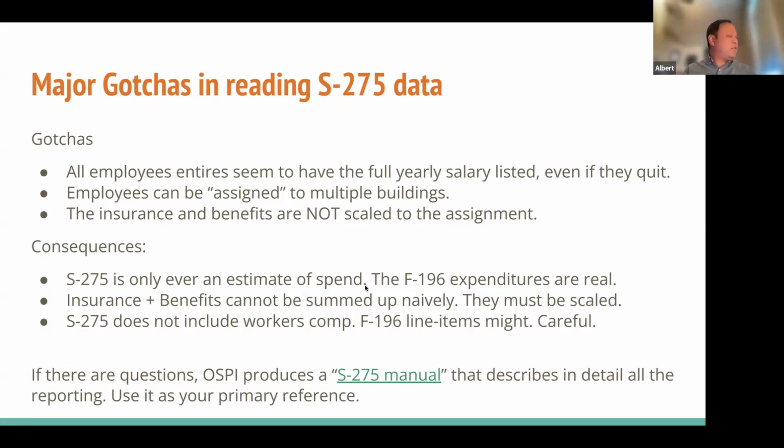So largely the S275 can give you ideas. You can do things like track whether a person's been moving between spots. I probably use first name, last name, and hiring date as my key, but there's not really a unique employee ID for you to use, so you're kind of making one up. You can do that, but you can't get the exact numbers right. They're always going to be a little off.